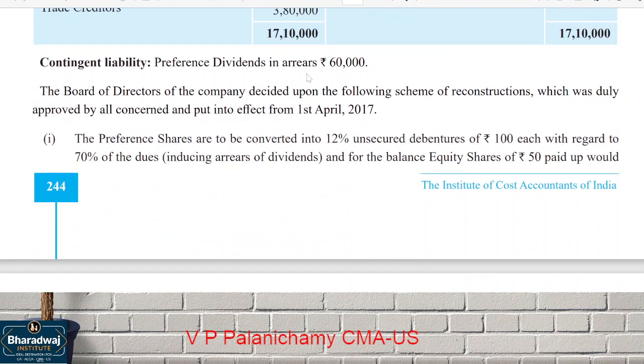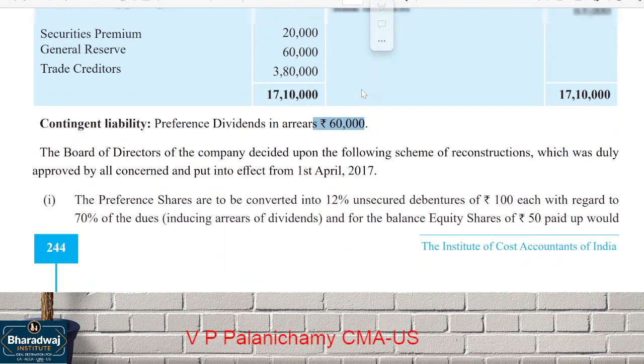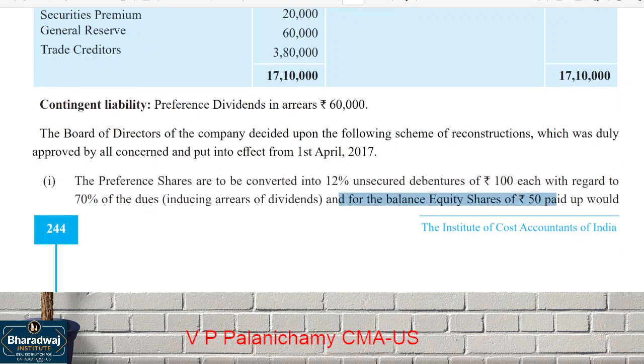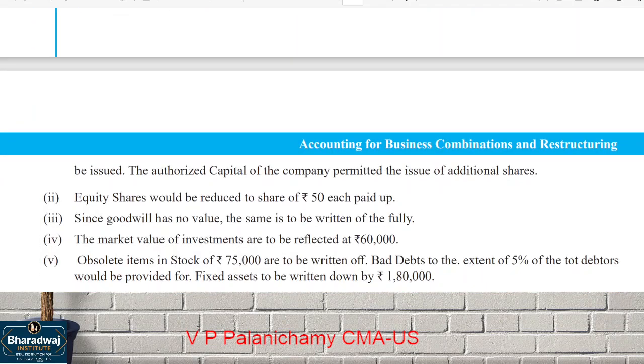Then we are given preference dividend arrears. Preference shares are converted into 12% unsecured debentures of 1 each with regard to 70% of their dues including arrears of dividend. For the balance, equity shares of 50 paid will be allotted.